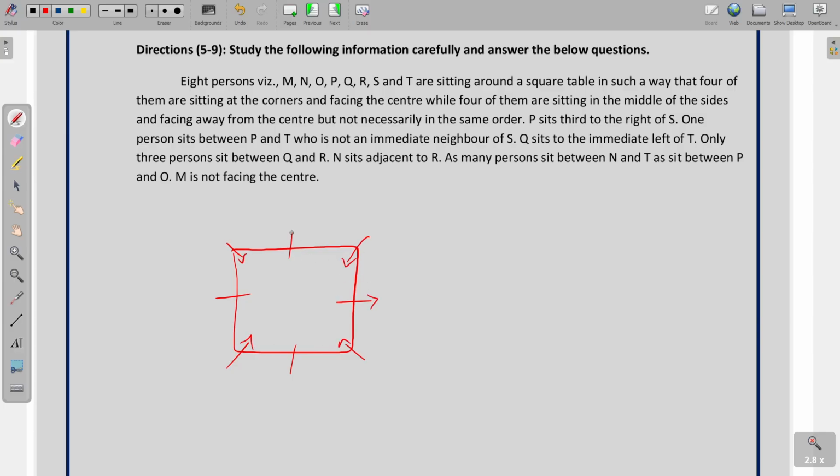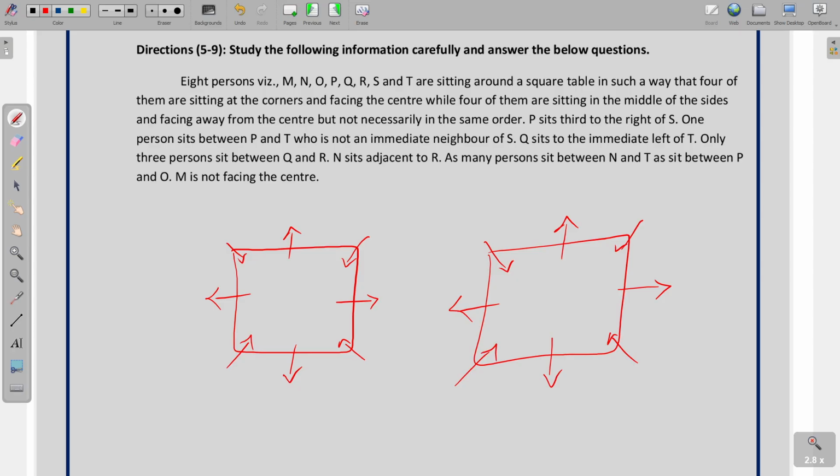The remaining 4 are facing outside. And again one more possibility: those who are sitting in the middle of the table are facing away from the center, and those in the corners face inside. These are the two possibilities.